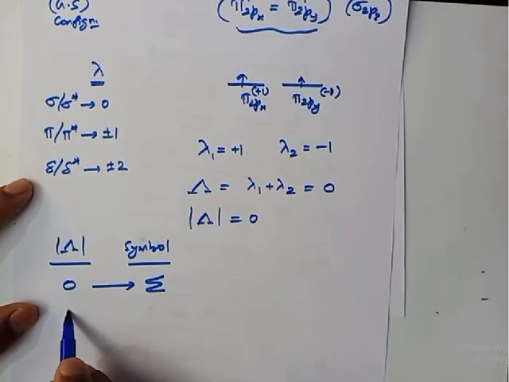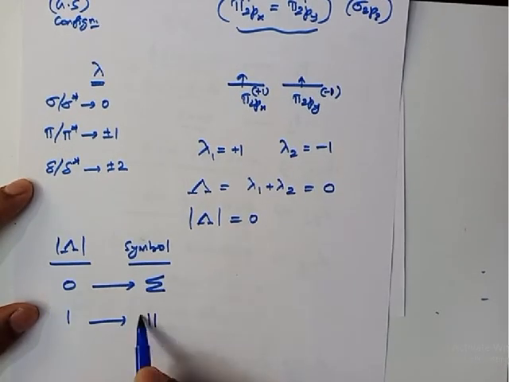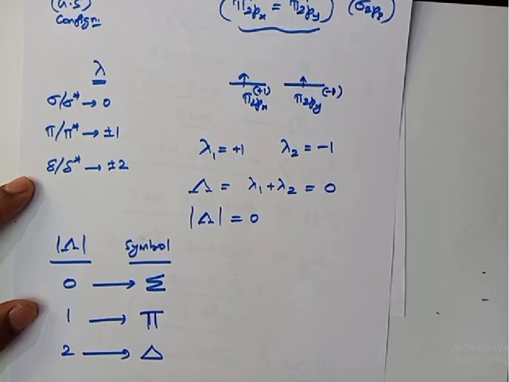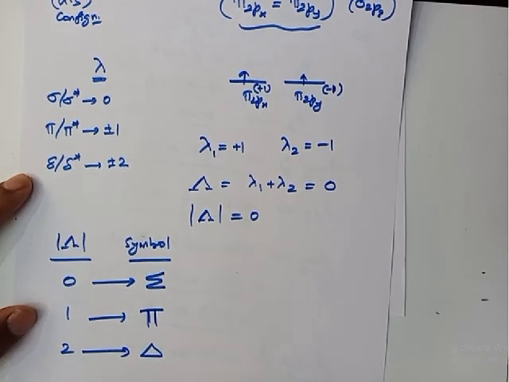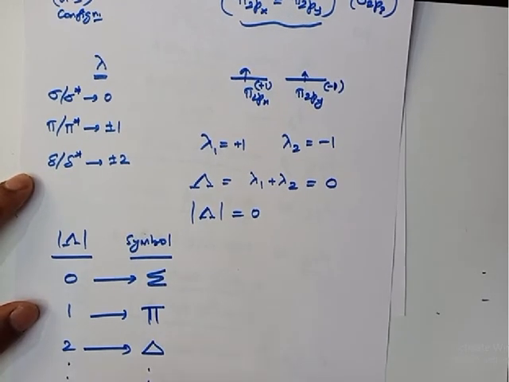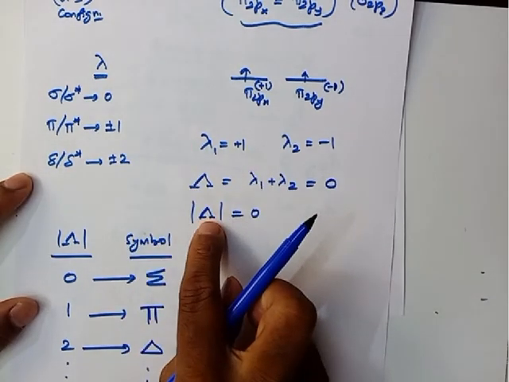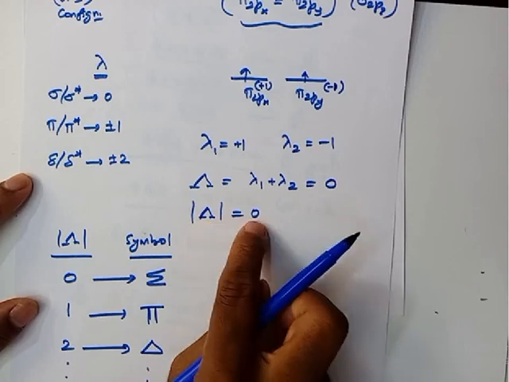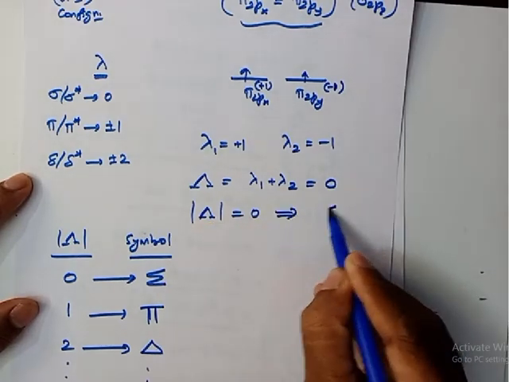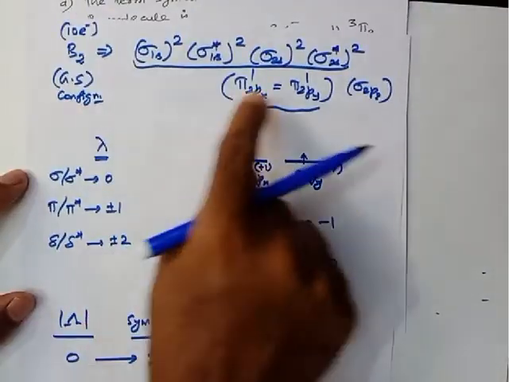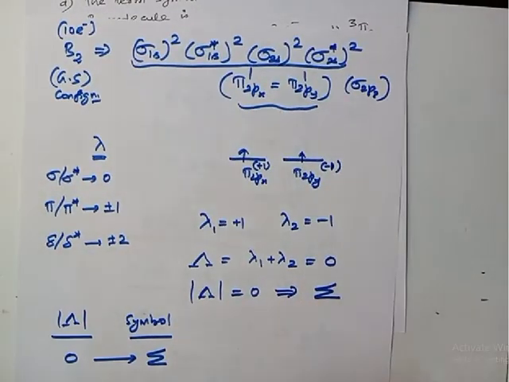If the magnitude is 1, then it corresponds to a pi state, big pi. If it is 2, then it corresponds to a delta state. Like that it goes. So remember this expression. Here for the boron molecule, the magnitude of big lambda is 0, so the ground state configuration corresponds to a sigma state.